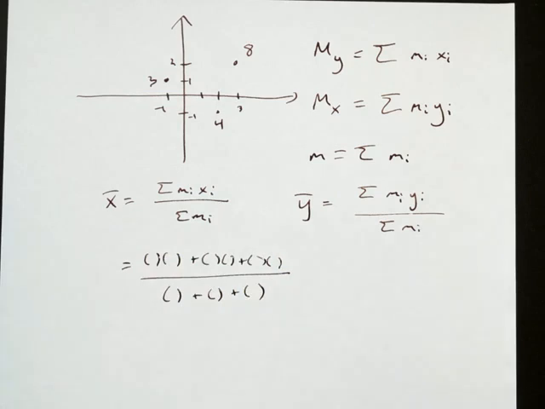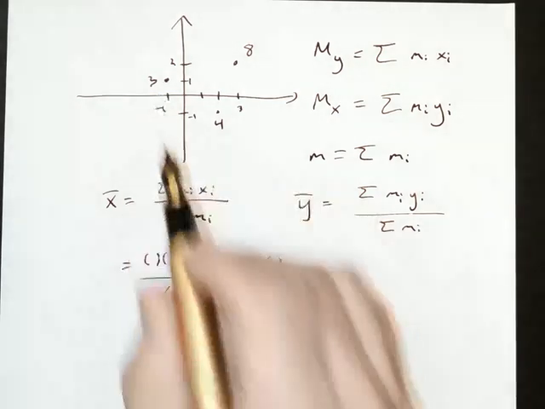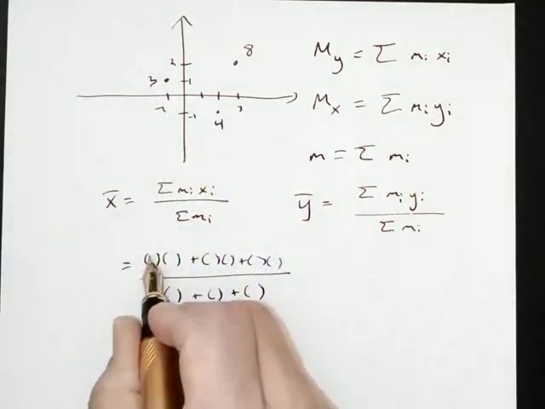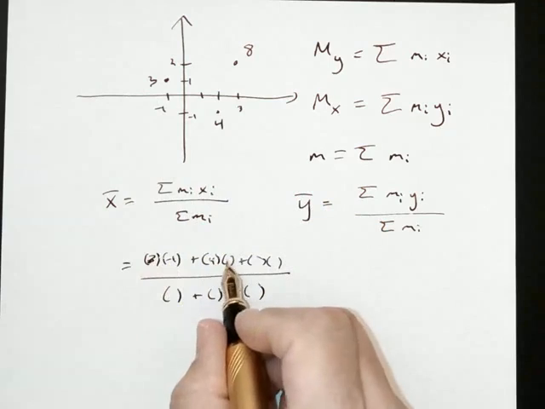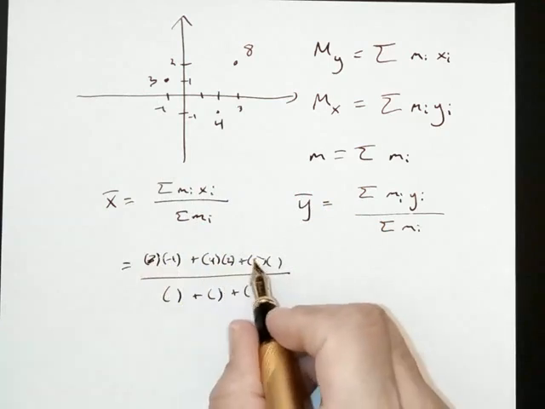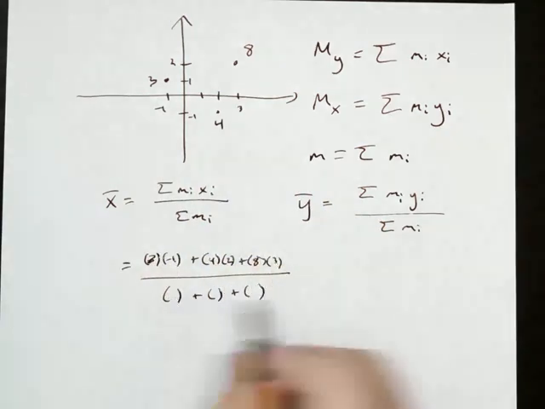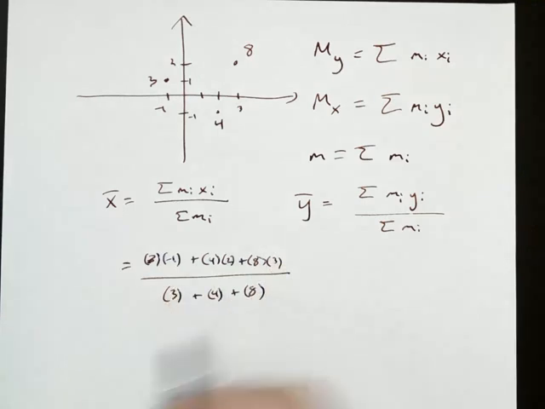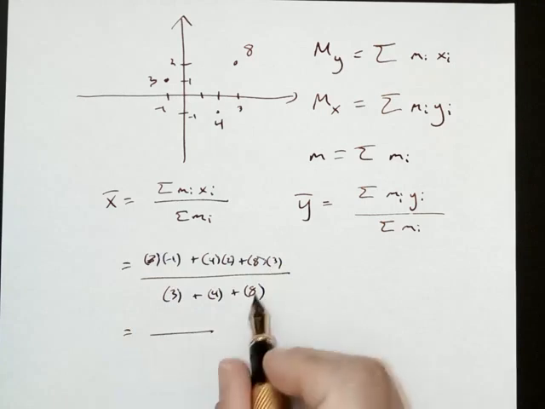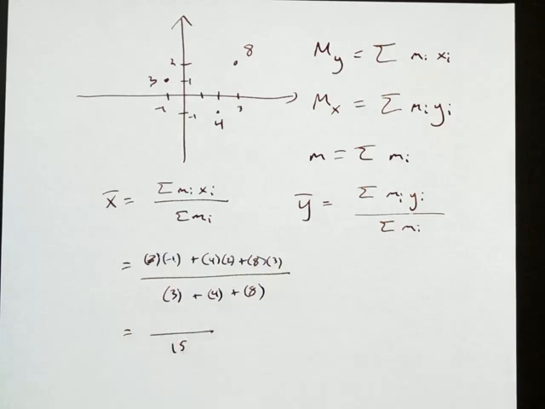Mass times x for the first one, I'll work left to right. So that's 3 times negative 1. And then 4 times 2. And then 8 times 3. And then down here it's just the weights, 3 and 4 and 8. So the bottom is 15.